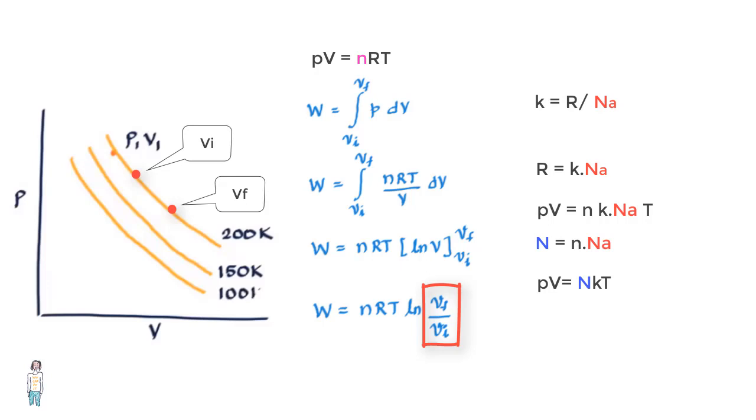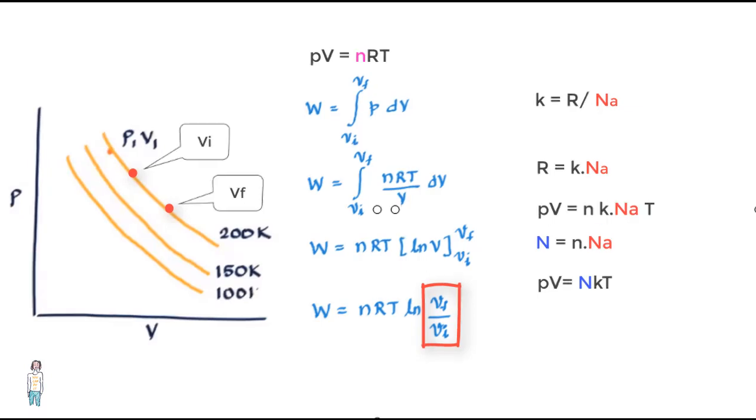Likewise, when compression happens, Vf is less than Vi, so the quantity becomes less than 1 and natural logarithm here becomes negative, and as a consequence the work done becomes negative, which again is in line with what we have learned so far, that compression results in negative work done by the gas. And if Vf upon Vi is equal to 1, natural logarithm of 1 is 0 and you get 0 work done, which again makes sense, since if Vf upon Vi is equal to 1, Vf is equal to Vi and no volume has changed and therefore no work has been done.